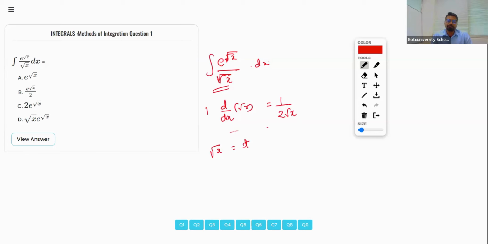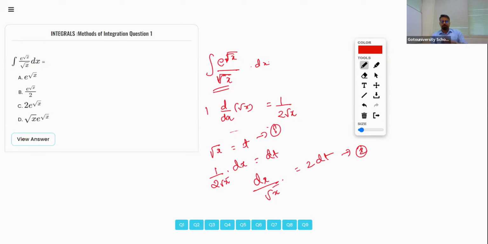What happens is 1 by 2 root x dx is equal to dt. That means in the place of dx by root x, we need to have 2 dt. So remember this. This is the first statement and this is the second statement.